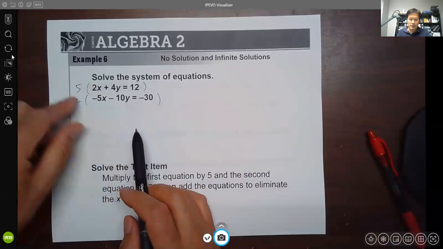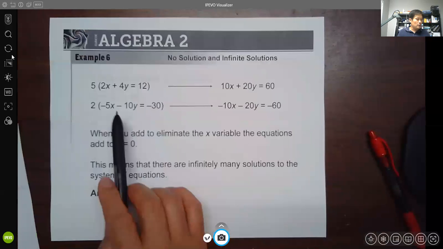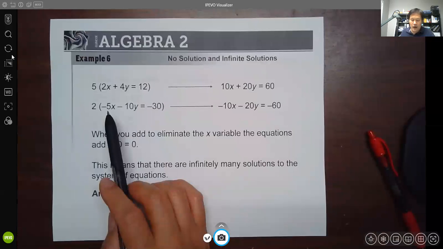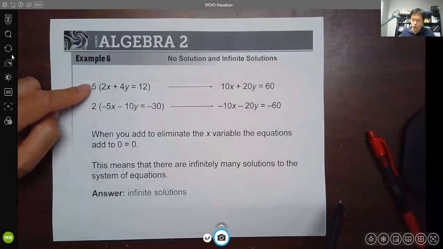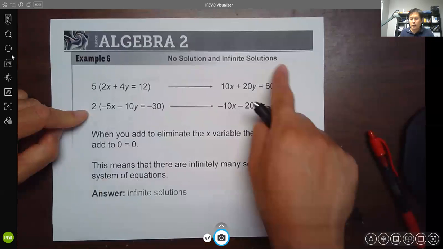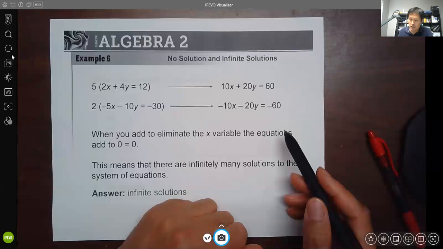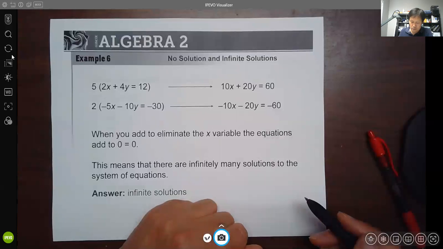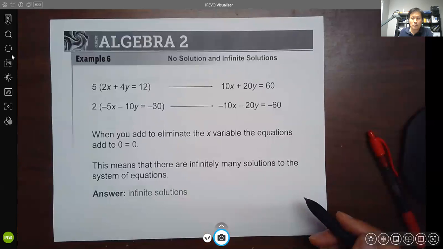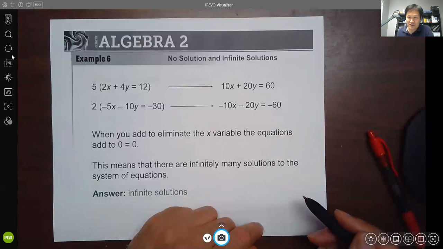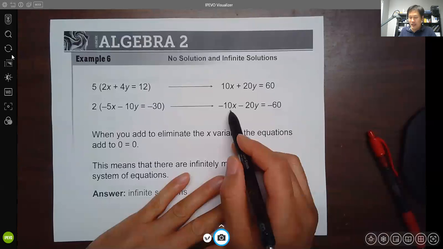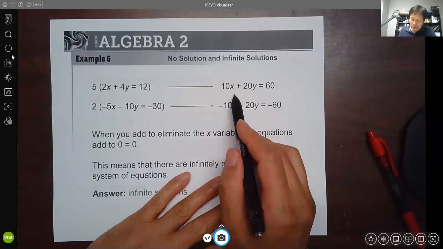So that would be nicer to deal with. They multiply by 5, they multiply by 2. Then you get this. Okay, well then 10x and minus 10x, then you're ready to go.